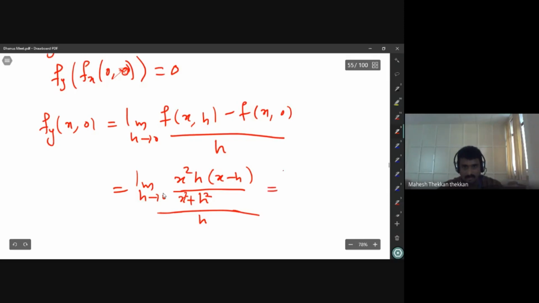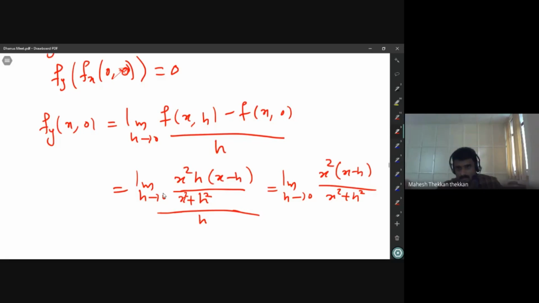So this will be the same as the limit as h tends to 0 of x squared times (x minus h) by (x squared plus h squared). As h tends to 0, in the denominator I will get x squared, in the numerator I will get x cubed. So x cubed by x squared, that is nothing but x. So fy at (x,0) I will get x.